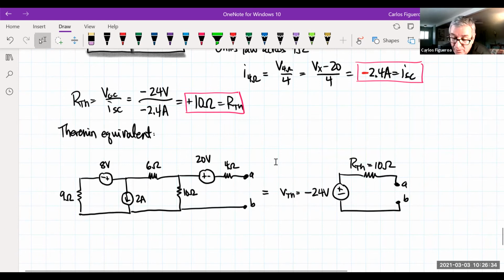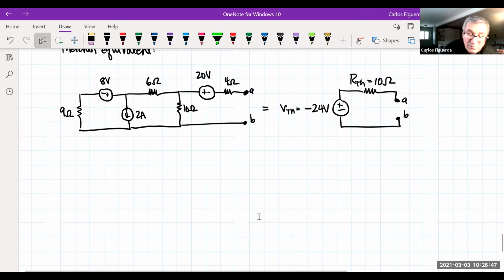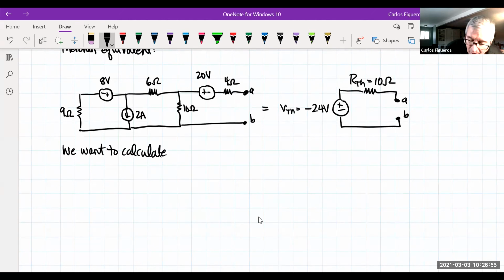So now we have to go back in and look at the load here. And I believe the load here was a 14 ohm resistor. So if it's a 14 ohm resistor, what does that mean here? So now we want to calculate the load current of the 14 ohm resistor.